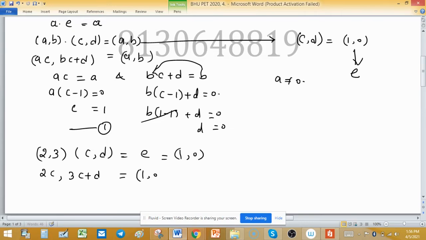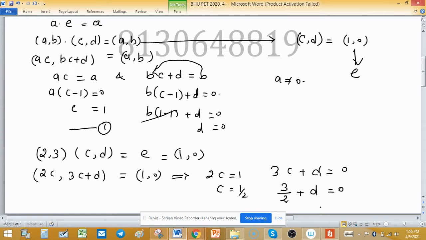So (1, 0). These two ordered pairs are equal. This implies that 2c equal to 1, meaning c equal to half, and 3c + d equal to 0. The value of c is half, so 3 by 2 plus d is equal to 0. This implies d equal to minus 3 by 2. So (c, d) is nothing but (half, minus 3 by 2).